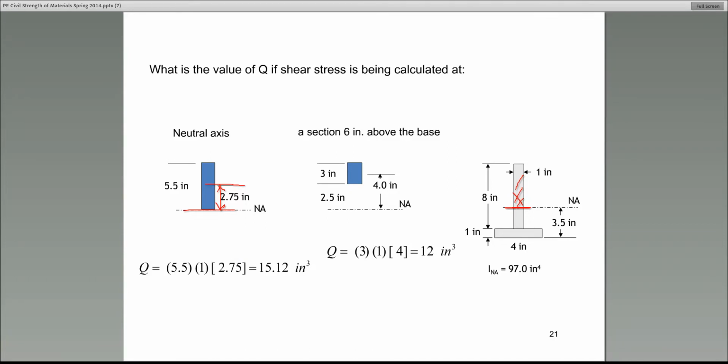That is indeed the answer. That is the Q associated with finding the shear stress at the neutral axis. Please note the units: inches cubed. Inches cubed, all right? Because there are 3 numbers we multiplied, each one carries the unit of an inch.